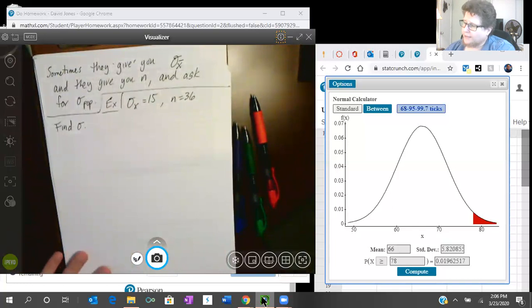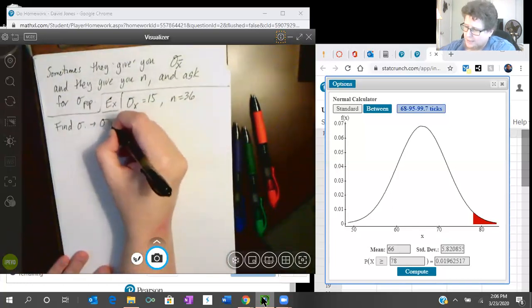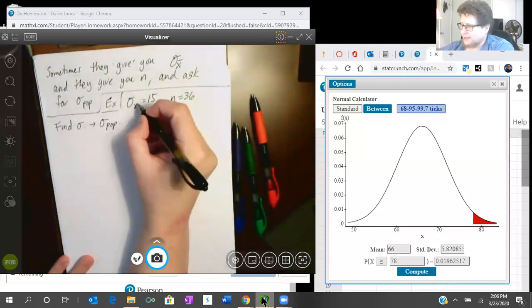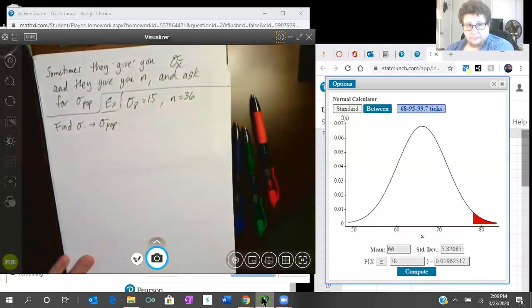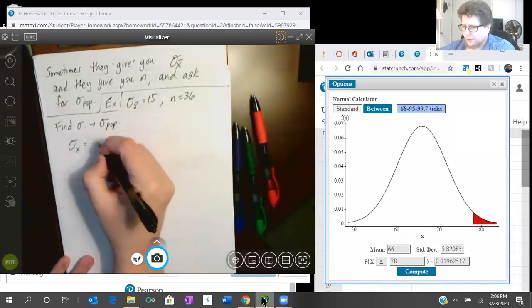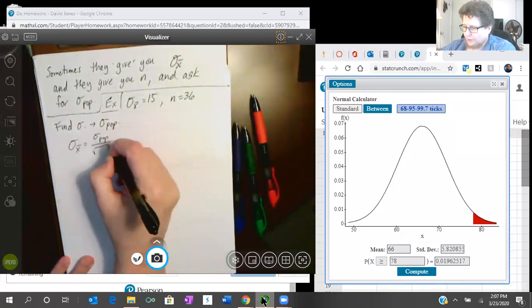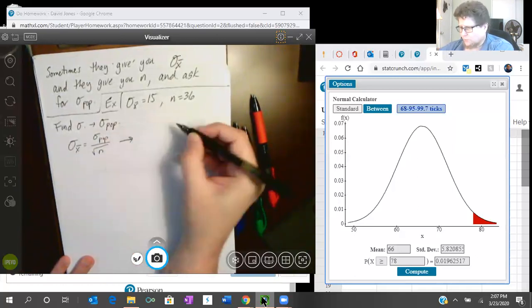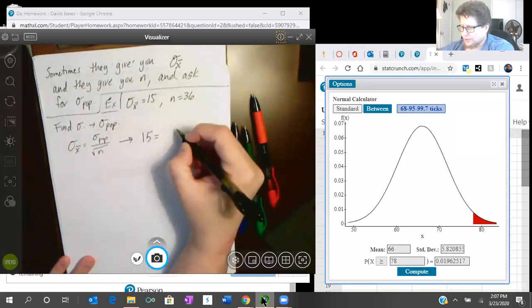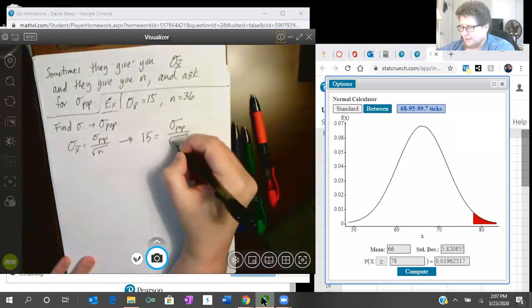Now remember, we have the equation. When it says sigma, this means sigma of the population. If they want the sample mean, they'll say sigma x or sigma x bar. Usually x bar. I keep getting lazy. Recall, sigma of x bar is sigma of the population over the square root of n. What does that mean here? I've got 15 equals sigma of the population over the square root of 36.